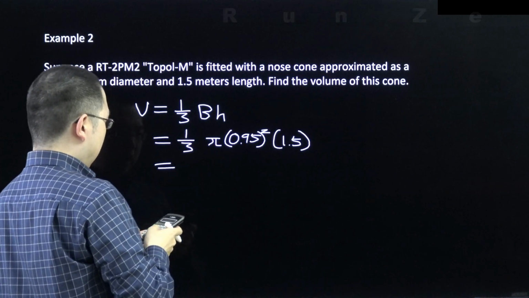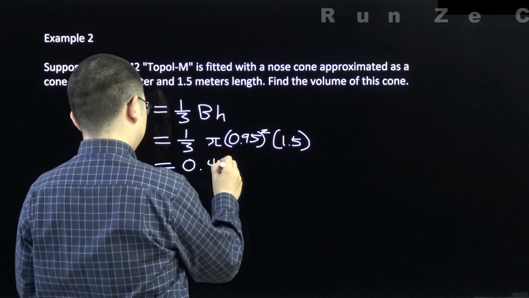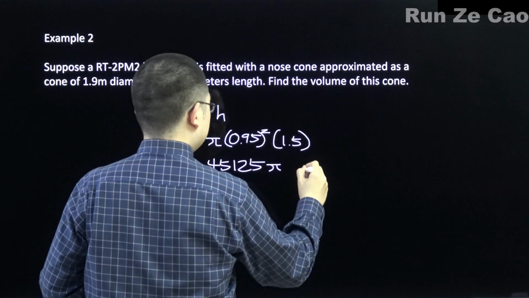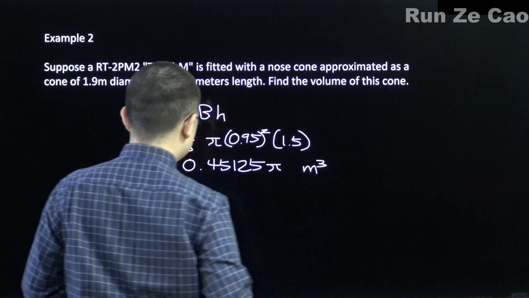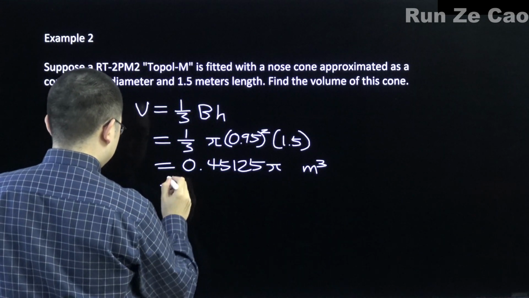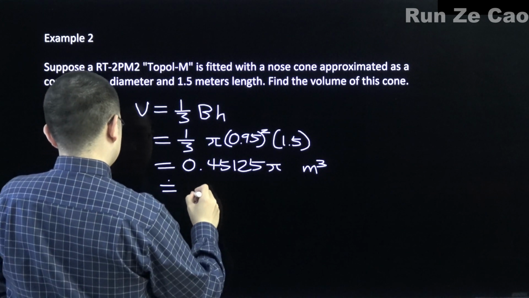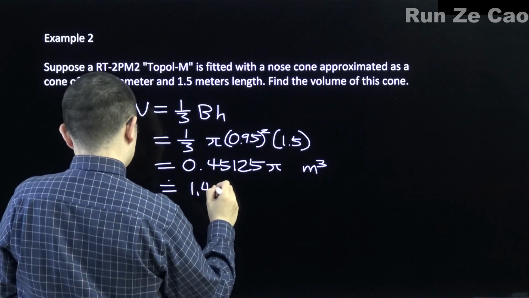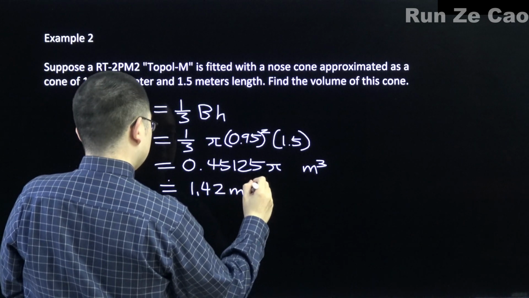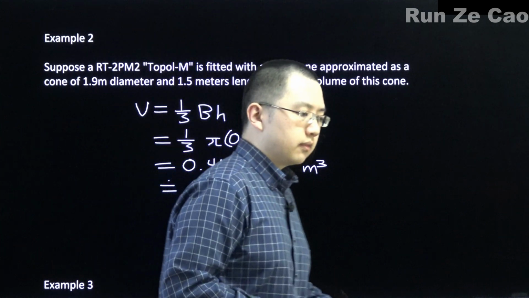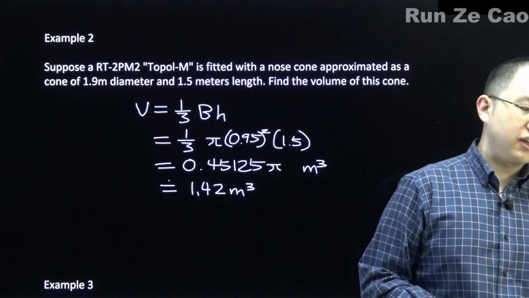So times 0.5, 0.45125 pi meters cubed. Or if we wanted an approximation, which is rather more useful, it's about 1.42 meters cubed. So we gave the approximation after the exact value.